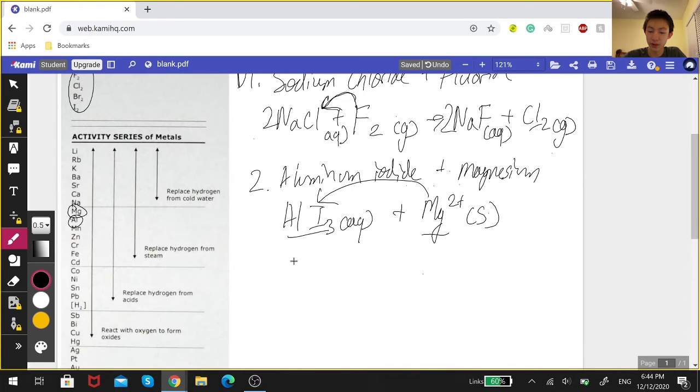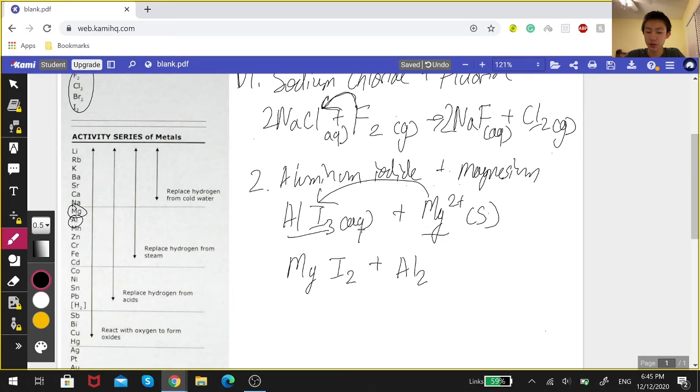So what do we have here? Mg has a charge of 2 plus and I has a charge of 1 minus, so it would be MgI2.